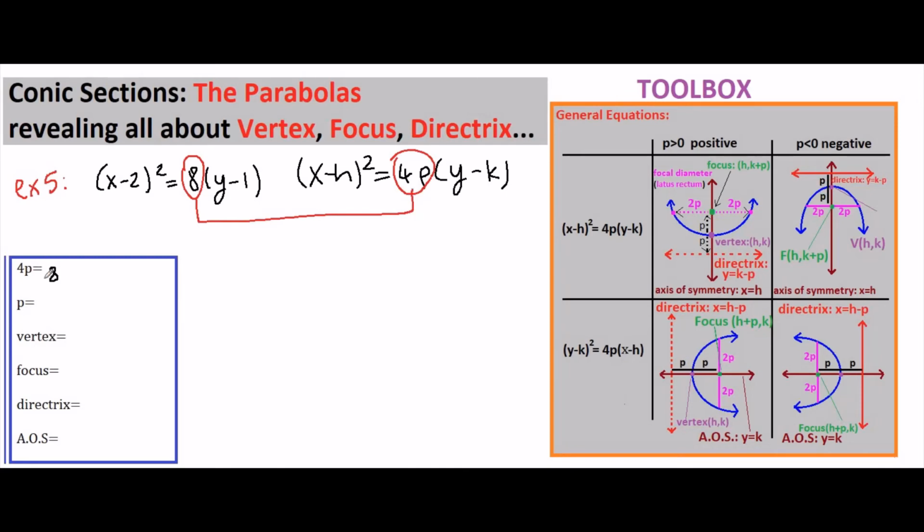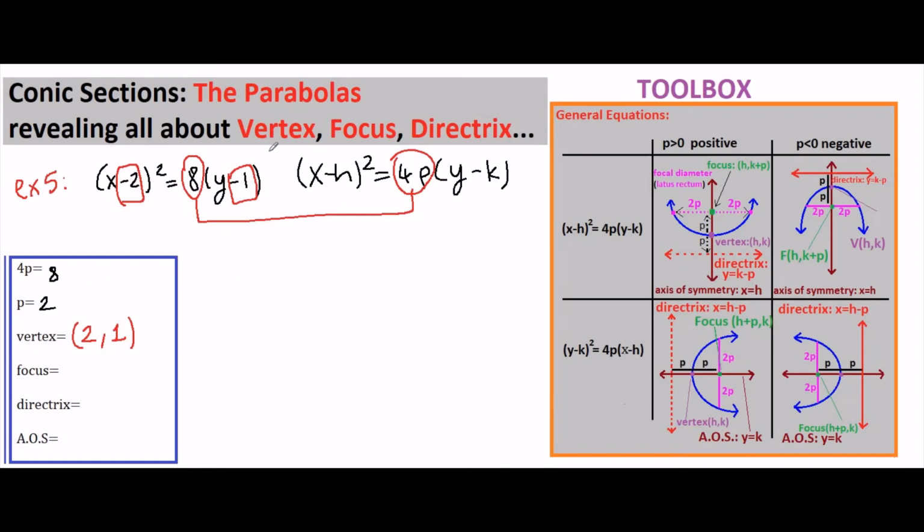So our p-value, solving for p in this equation, 8 divided by 4, is 2. Our vertex is (h, k), so you negate these values, take the opposite. Negative 2 will be positive 2, negative 1 will be 1. You go in the order of h, comma, k.